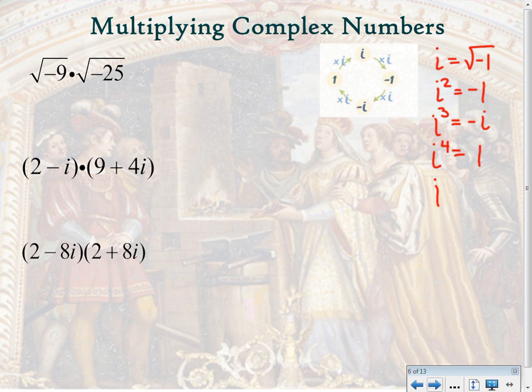And you keep on going with this. i to the fifth power, all the way around, and i to the fifth is equal to just plain i to the first power. All right, so this diagram kind of describes that relationship.